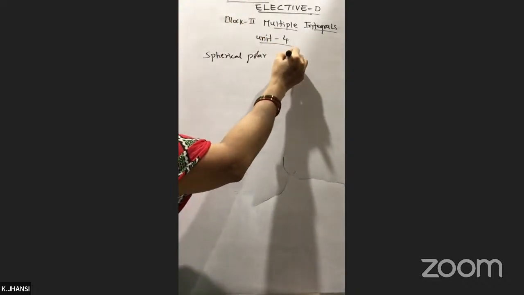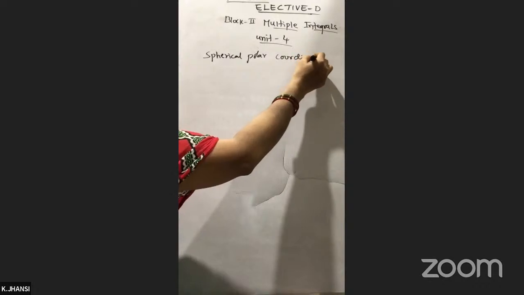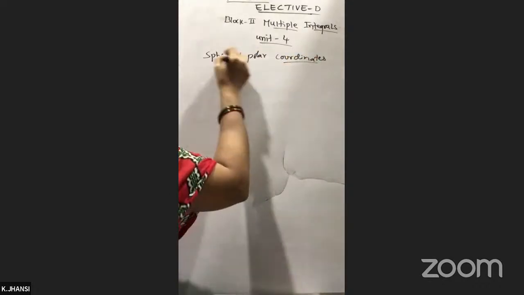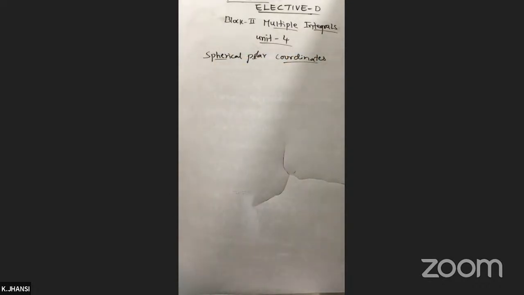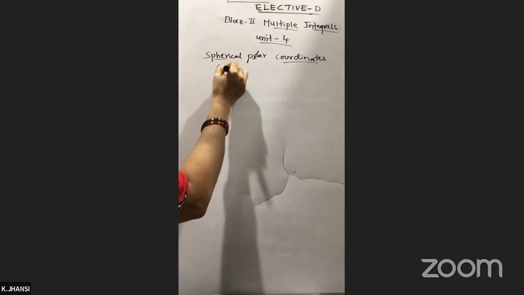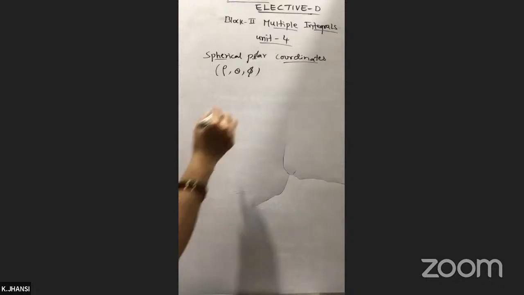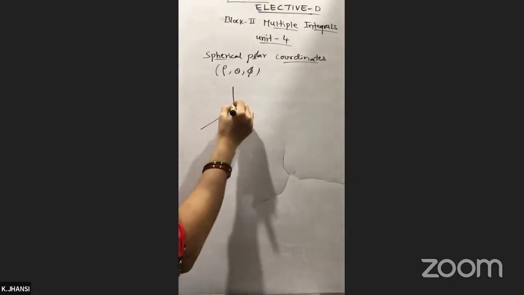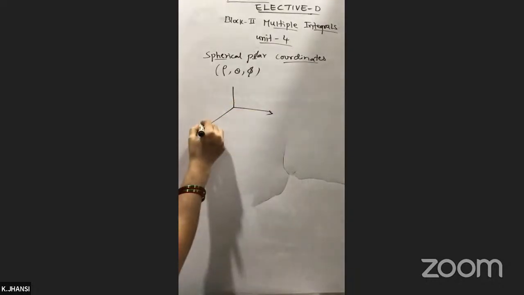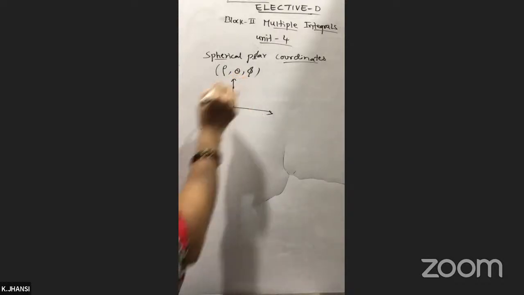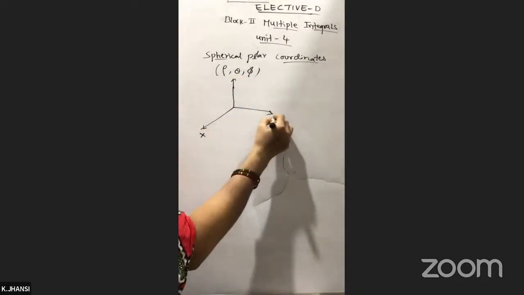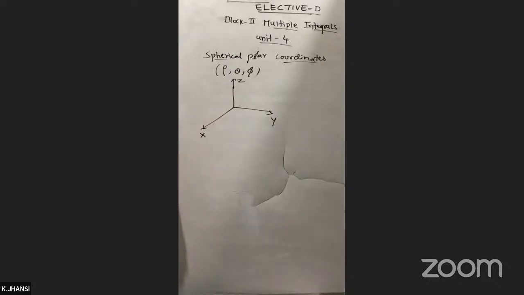Spherical polar coordinates will be like this: rho, theta, and phi. The diagram is three-dimensional now. So you will have the x-axis, y-axis, and z-axis.